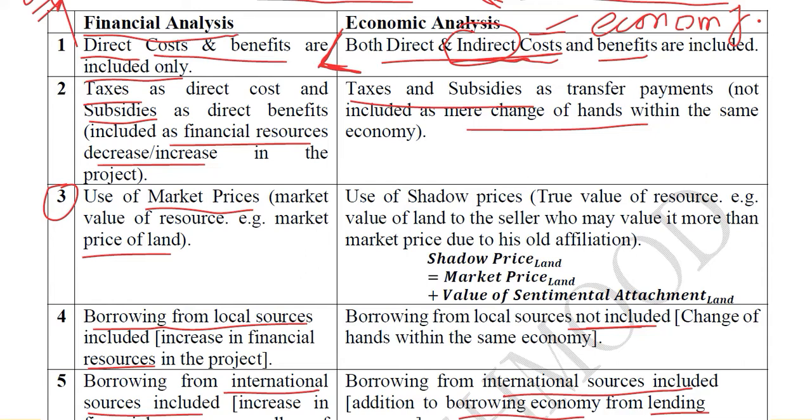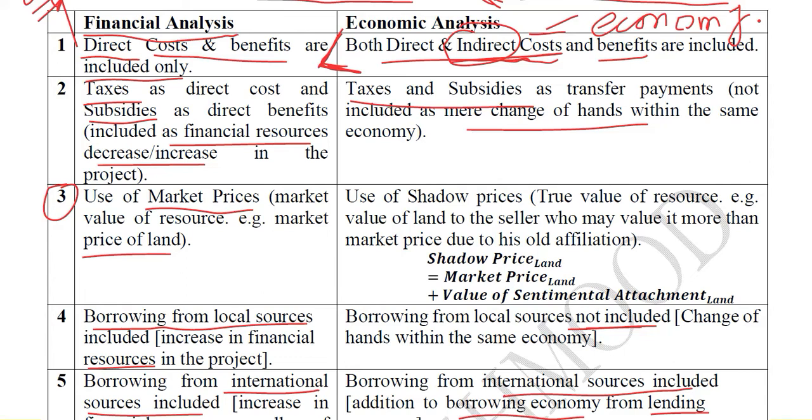But since he has been living there since childhood, there will be a certain level of affiliation of that individual with that place, which is in addition to the market price that is being quoted in the market.